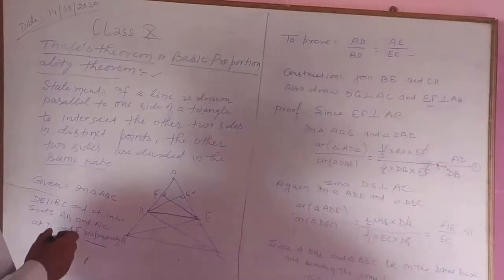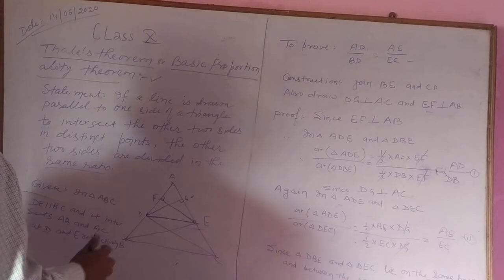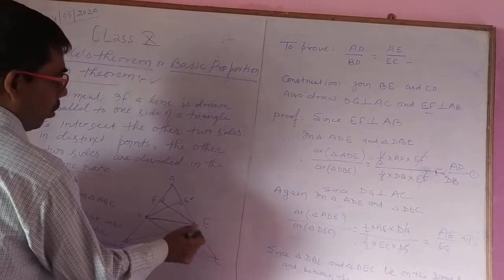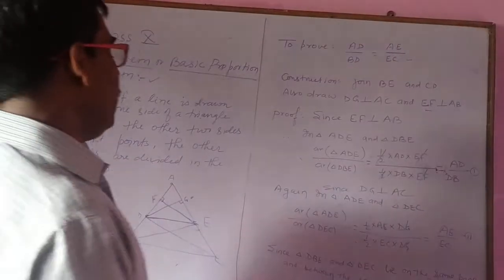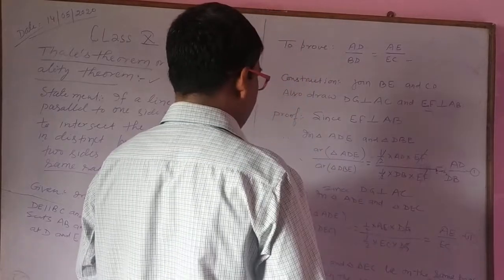Similarly, this DG is also perpendicular on AC. It means DG is perpendicular on AE as well as DG perpendicular on EC. Therefore, we take again triangles ADE and DEC.